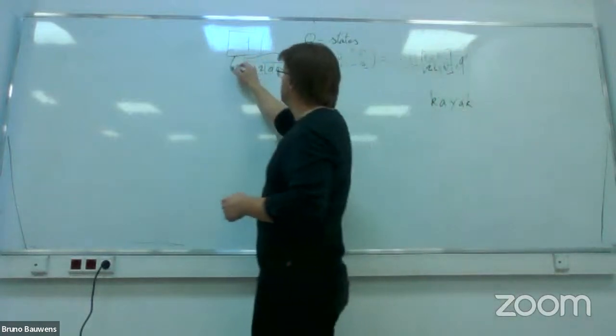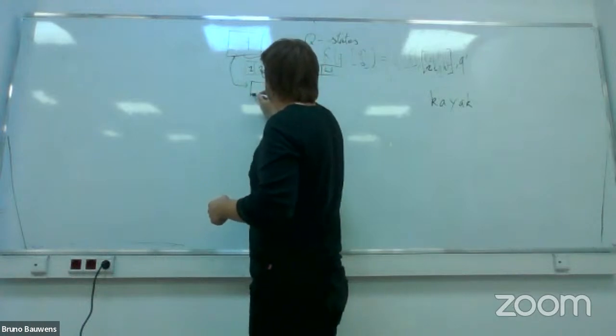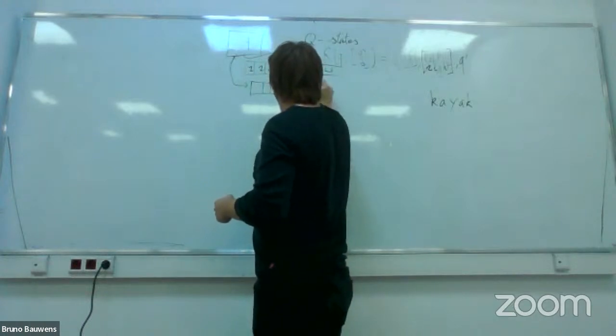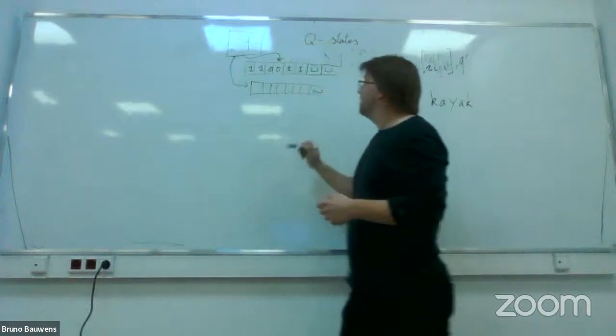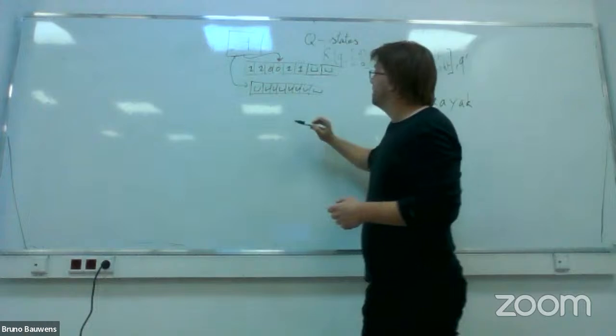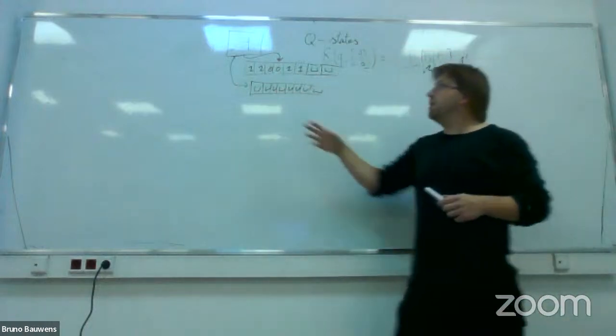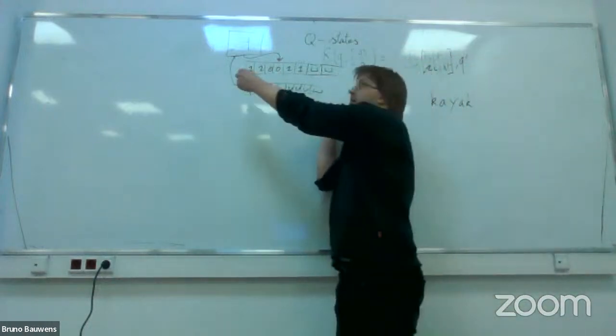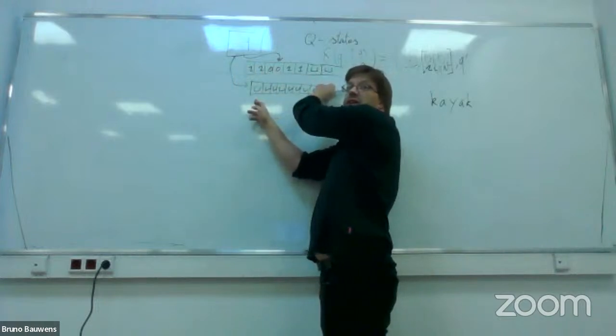But if there is a second tape, which is initially blank, then the machine can work faster by copying the input and then making the heads go in opposite directions.